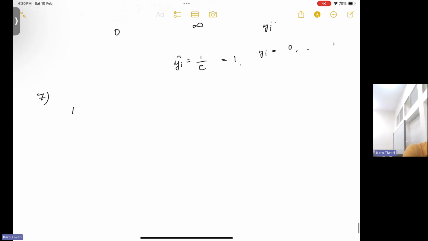First of all, entropy is given as the summation over all the events of minus p of i log p of i. So this is the entropy formula. We have been given events x1 till xn, and each of them has an equal probability, that is 1 by n.